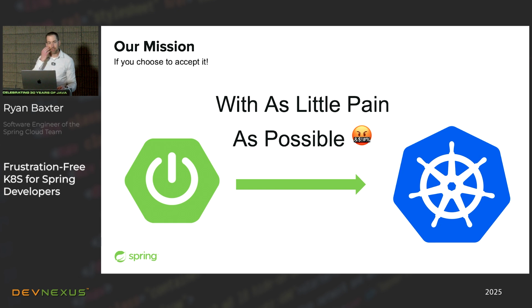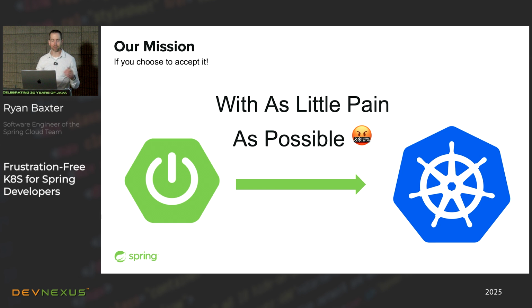Like I mentioned in the beginning of the talk, our mission today is really to get a Spring application on Kubernetes. Has anyone here done this before? Okay, so some of you have experienced some of the pain that we're about to demonstrate today. But if you haven't done it before, maybe you've seen it demoed, and it seems kind of simple on the surface, right?